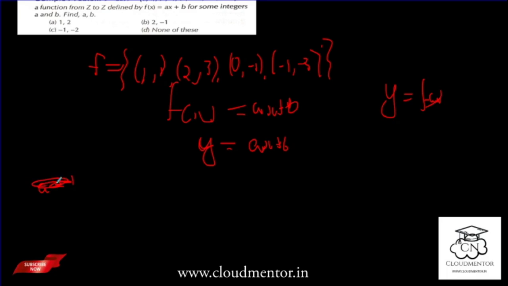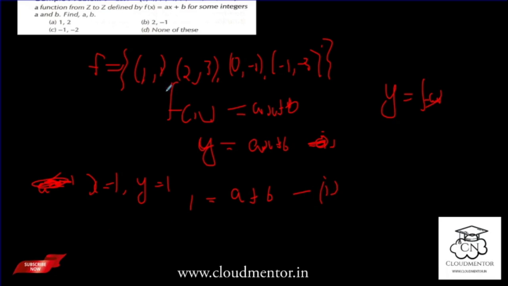Taking the first one, x equal to 1 and y equal to 1, applying that in this equation we get 1 equal to a plus b. Let that be equation 1.